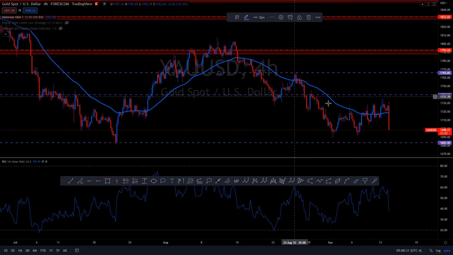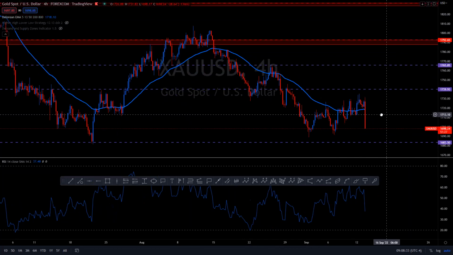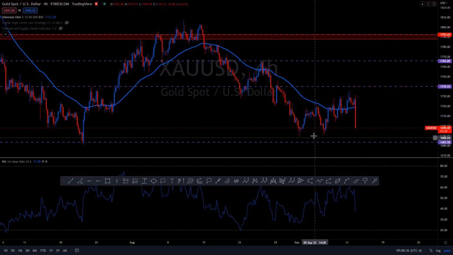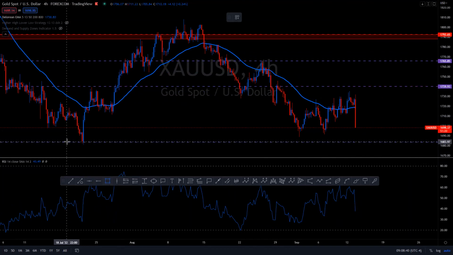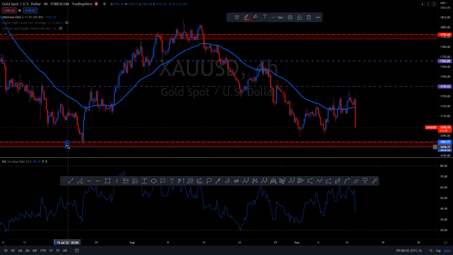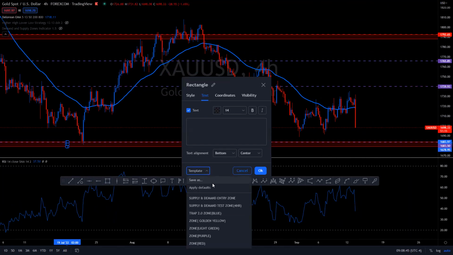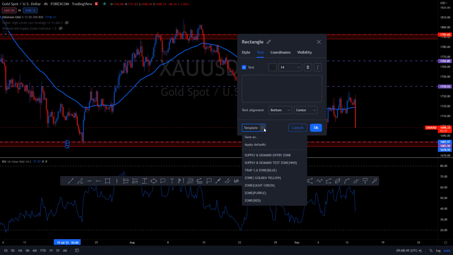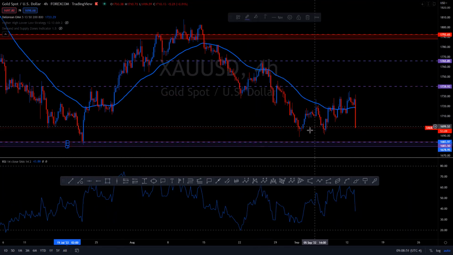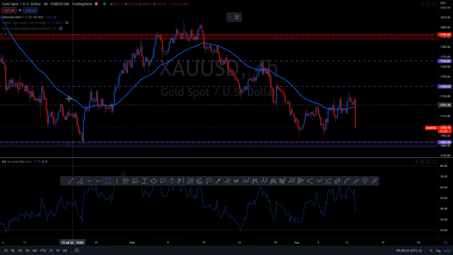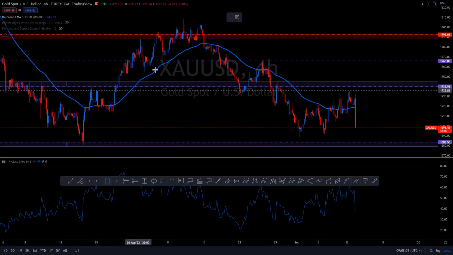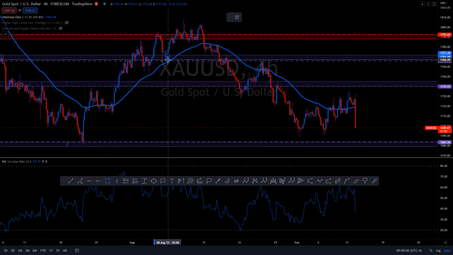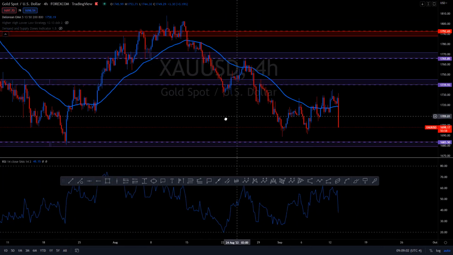We had a supply zone up here. So draw my zones. Right.